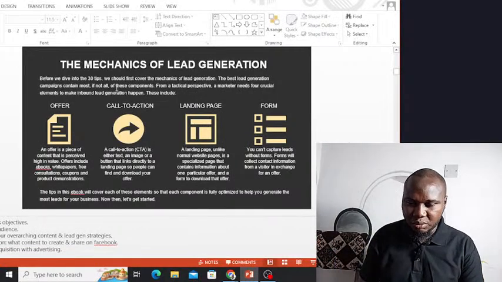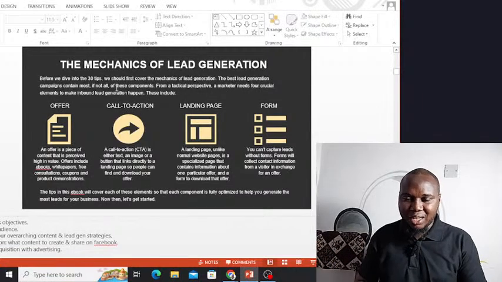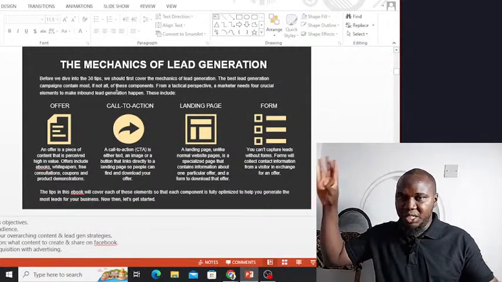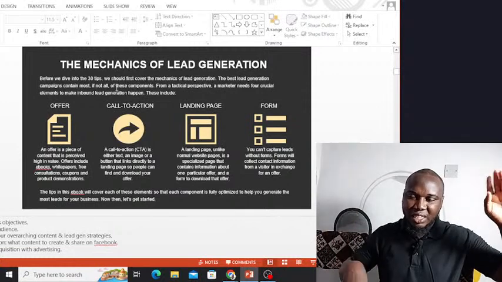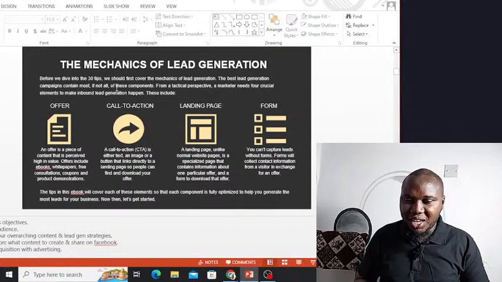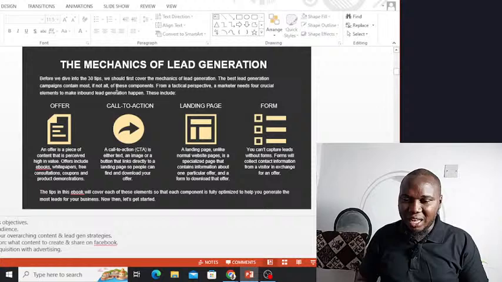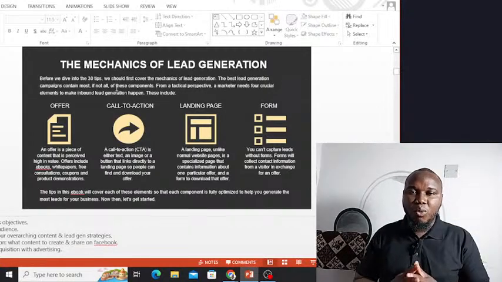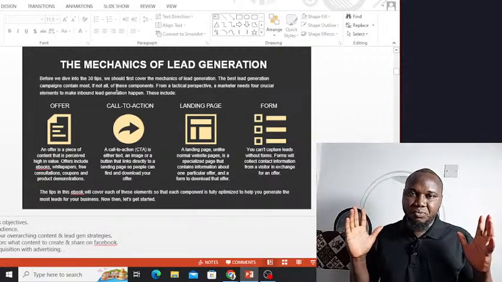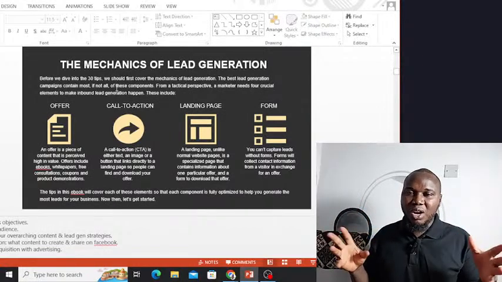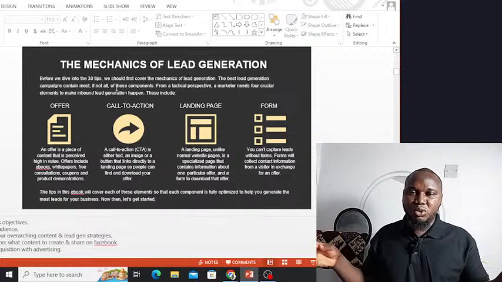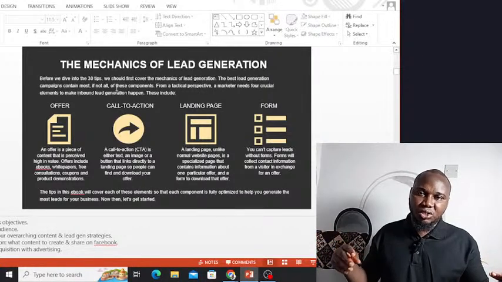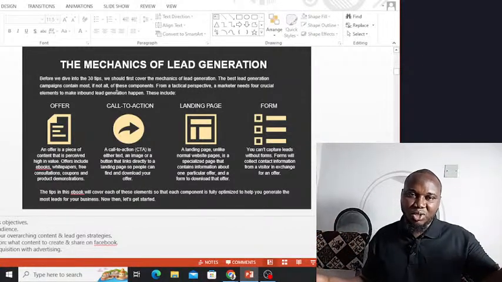And so what is a landing page? A landing page, unlike normal websites that have menus, footers, headers, and all those, is just a specialized page that contains information about one particular offer. So your landing page will not have the opportunity of giving choices to go to one page or click another page.